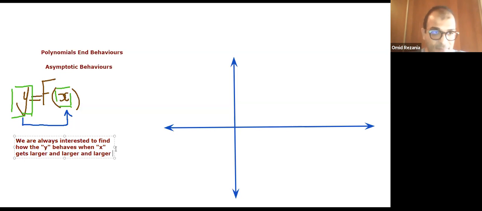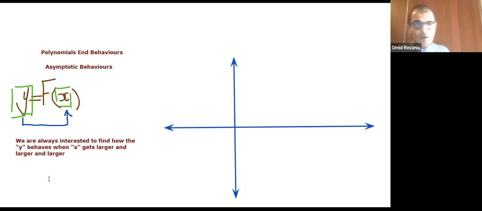That's the definition of the asymptotic behavior or end behavior: you're always interested to see what the value of y is when x becomes larger and larger. For example, what grade am I going to get for Advanced Functions 12 in the final exam if I study more and more hours?